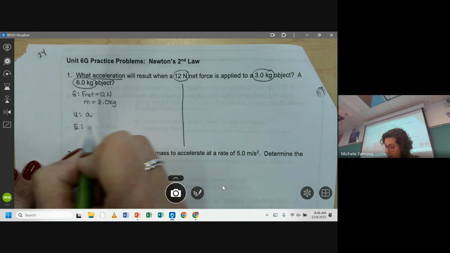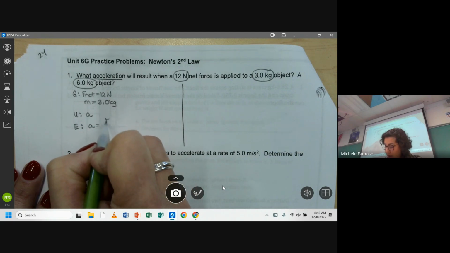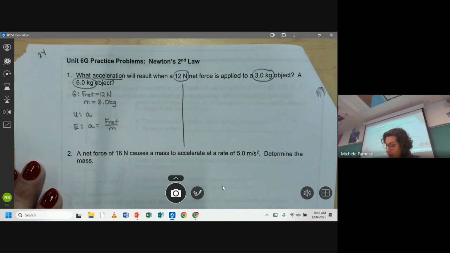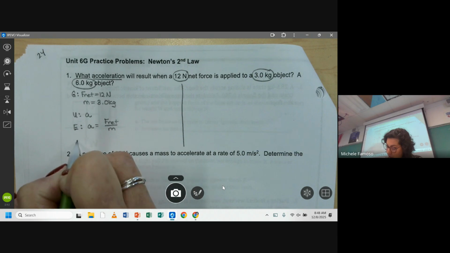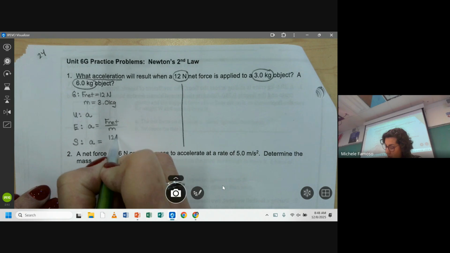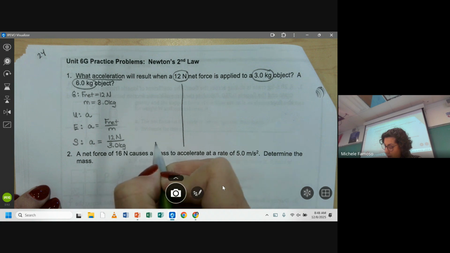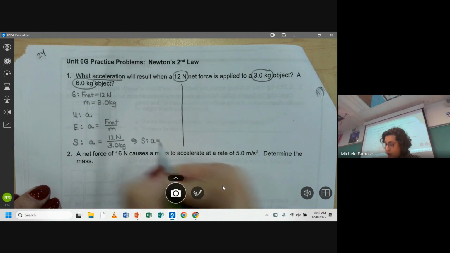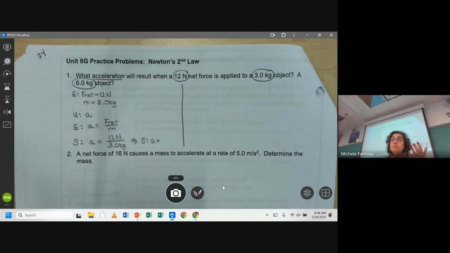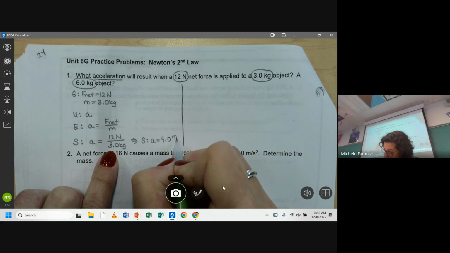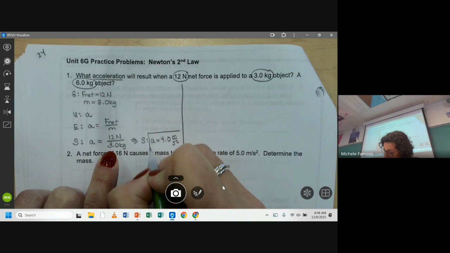Newton's second law, a equals F net divided by m. It's already solved for a, so let's go ahead and do our substitution with units. So a would be 12 newtons divided by 3.0 kilograms. When we solve that, 12 divided by 3 is 4. So with 2 sig figs, we would get 4.0 meters per second squared.